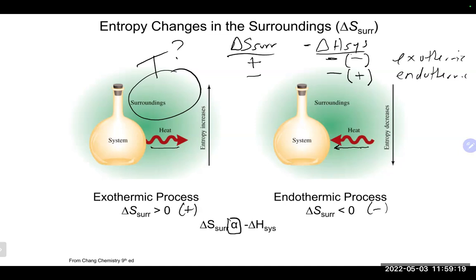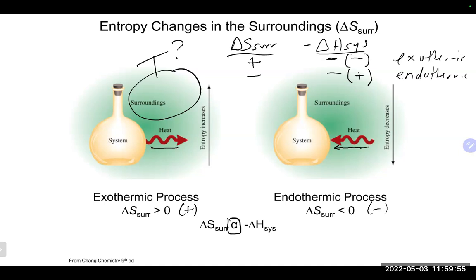But obviously, if your temperature inside is very, very hot to begin with, you light one little match and you have that heat coming off, it is not going to make a tremendous amount of difference in terms of the surroundings, because there's a lot of energy out there to begin with. So under normal conditions, normal temperatures, we do see this opposite relationship. But if you do have some extreme temperatures, some really high temperatures, or even some really low temperatures, the change that you see may not be all that much in terms of the entropy.